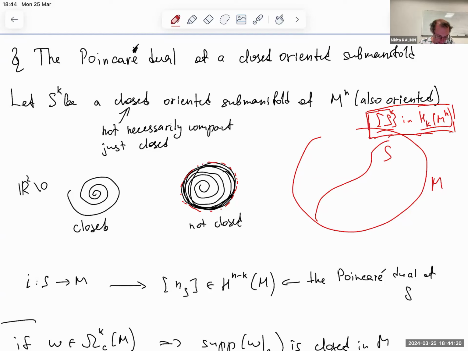Let S, of dimension k, be a closed oriented submanifold of M. So M is also oriented and S is also oriented. And for now, we consider it a closed subset. So it's not closed in the sense of closed without boundary and compact. It's just closed in the topological sense, and not necessarily a compact set.